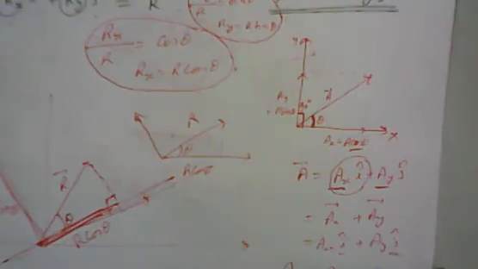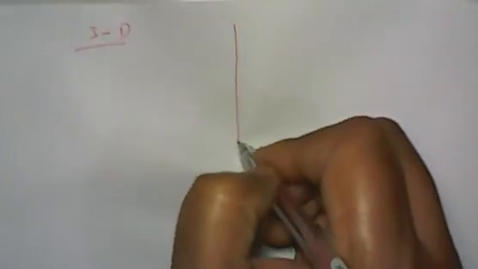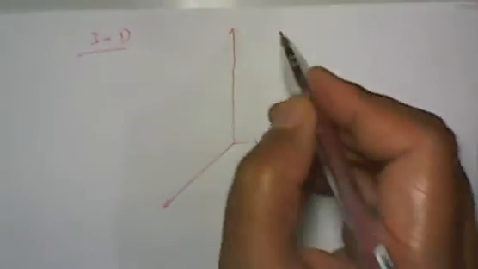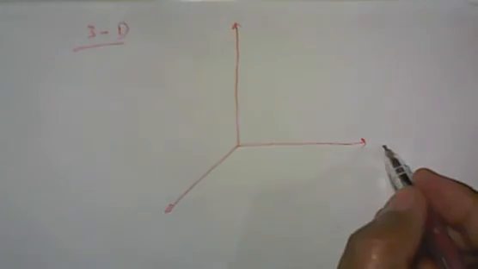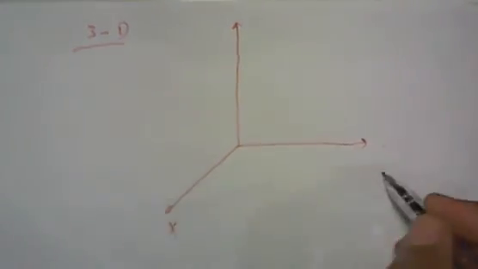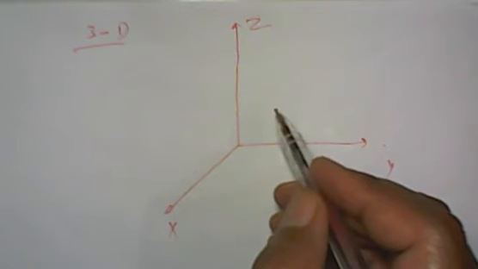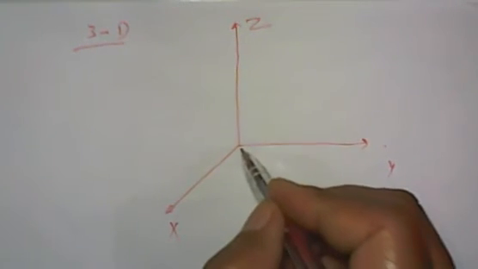So the last thing is the three-dimensional case. If you have x, y and z directions, you can take any x, any y and any z, and therefore you have a vector.